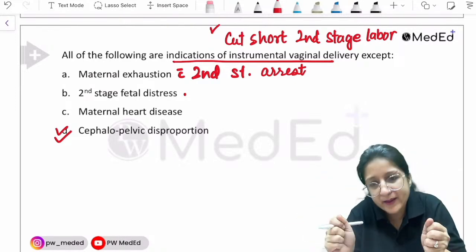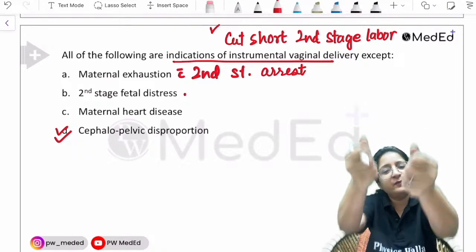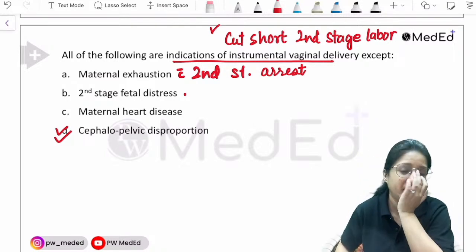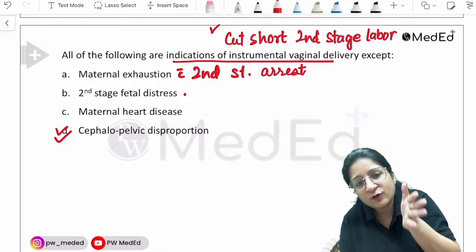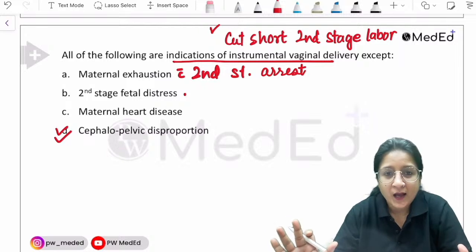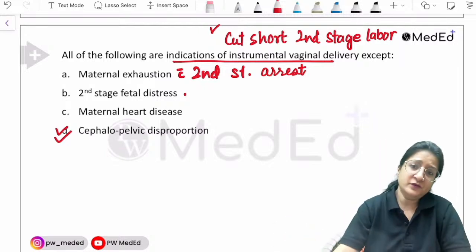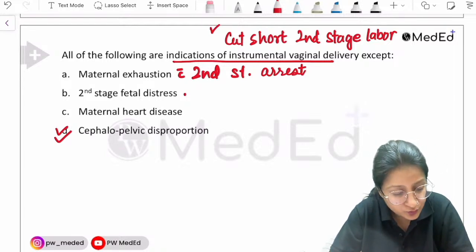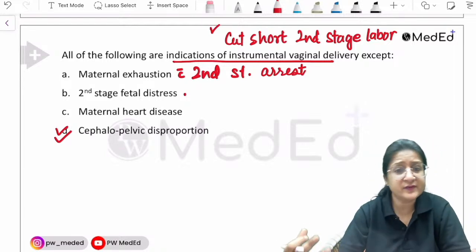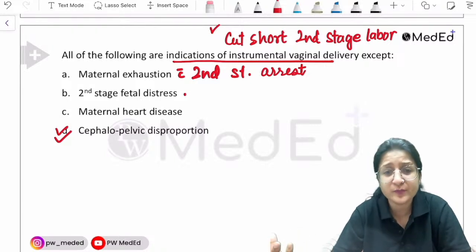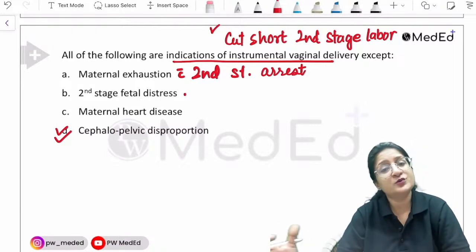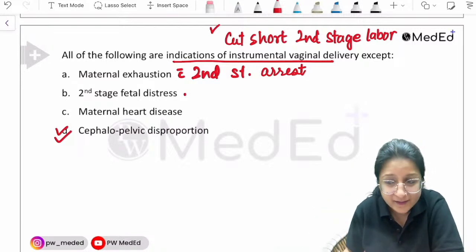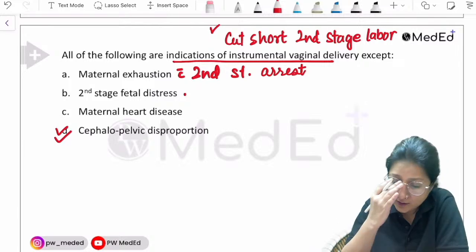You are trying your best, nothing is helping, and if I forcefully pull you out, in that process I will only injure you. So cephalopelvic disproportion is actually a contraindication for instrumental vaginal delivery. Very, very important point to note. With cephalopelvic disproportion, however much force you apply, the baby may come out, but in the process there will be maternal injury and fetal injury. So we can't do that.